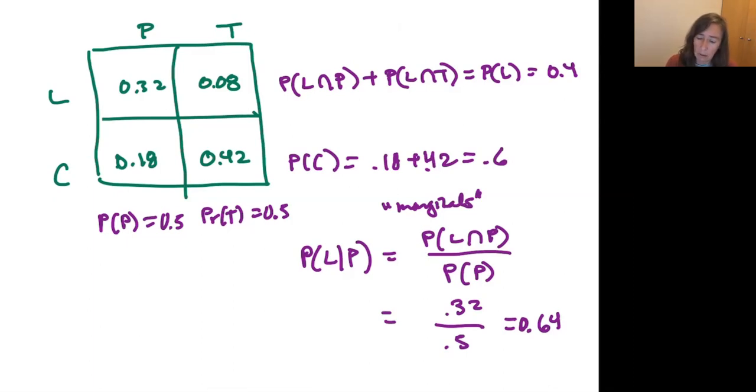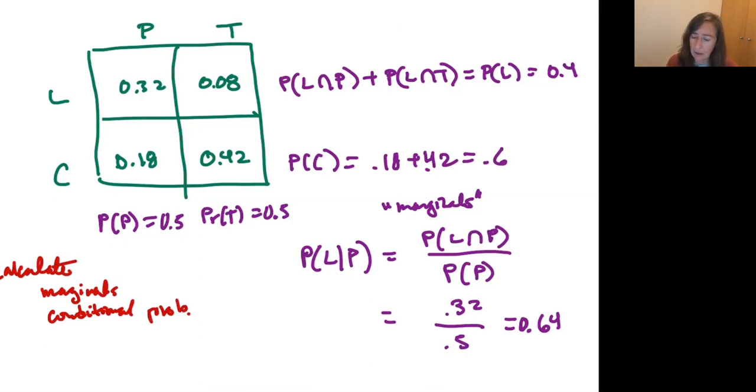So we can use the crosstab to calculate marginal probabilities and use those to get conditional probabilities if we need it. The thing that we can't do, and this is something I was emphasizing at the end of the last lesson too, let's say that we just started, I'm going to go to a new page, so I'll just highlight the numbers that I'm going to bring over.